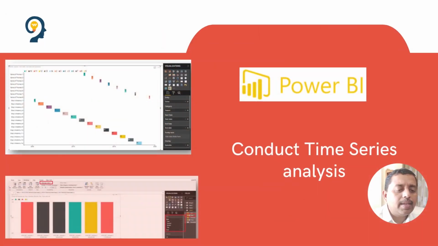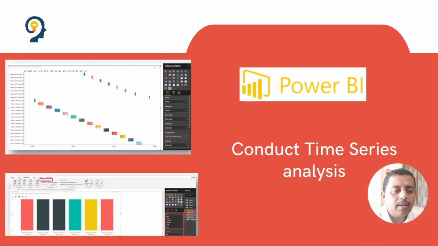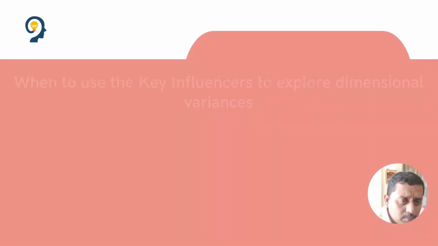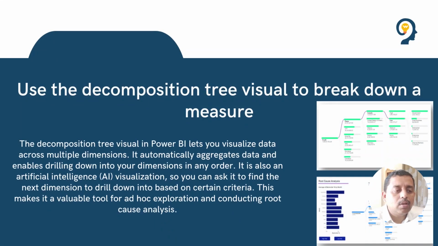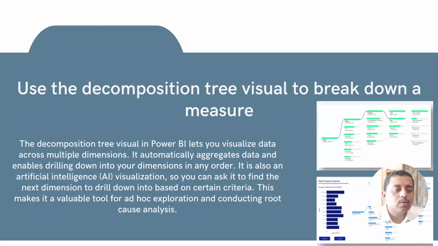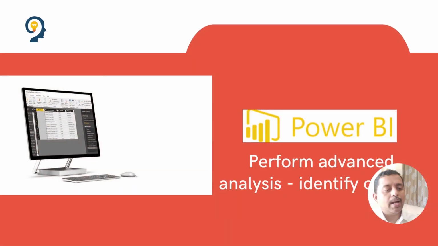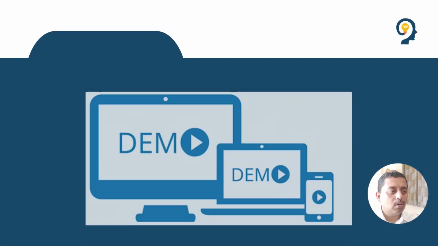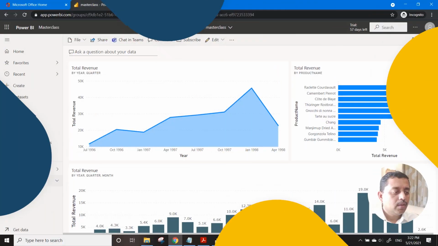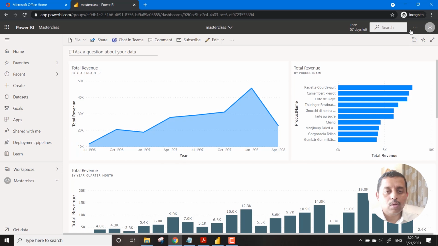So all these advanced analyses we have seen here, time series, dimensional, and then decomposition, and how to take these insights into the dashboards and reports. We also saw how we can take these AI insights from the cloud to organize the dashboard. By now you have got all the insights over here. So if I may, let me go to the insights.